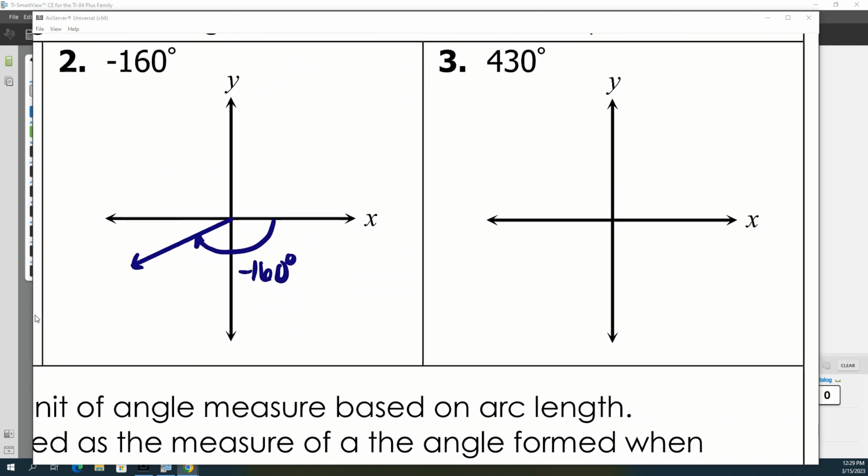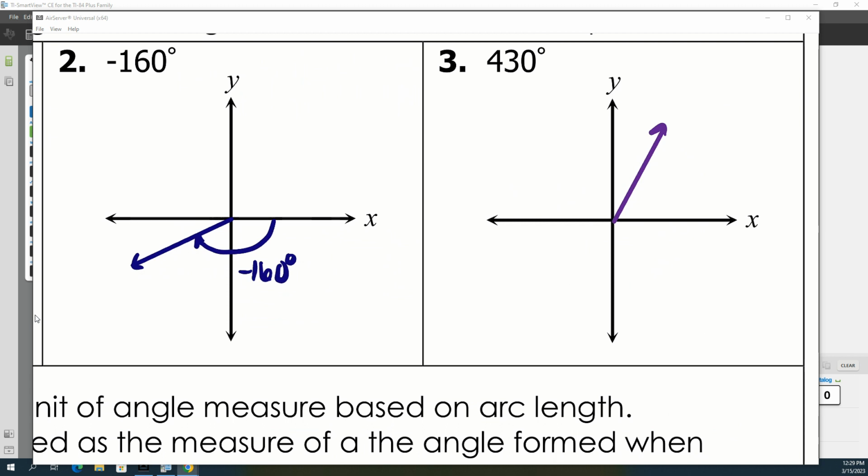Now, 430 is kind of a weird angle because it's more than 360 degrees. So with 430 degrees, we're going to start here and rotate all the way around, and that's going to be 360 degrees. Then how many more degrees do I need to go to get to 430? 70 more degrees, which would be about right there.